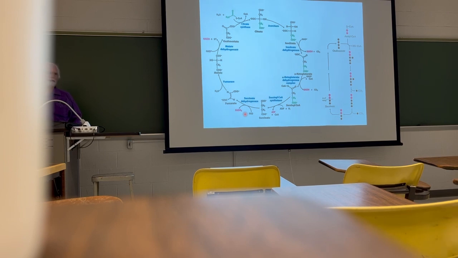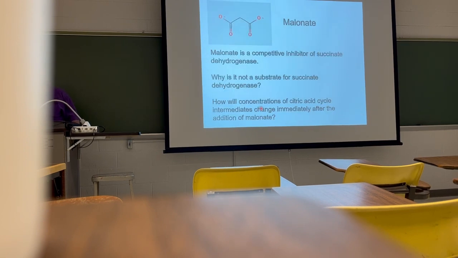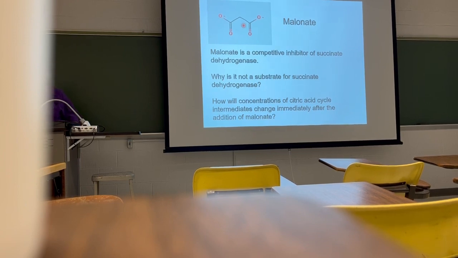There's no hydrogen left. Right, there's no hydrogens, so these two carbons in succinate are methylene groups, so CH2. And if we look at malonate, there's no such thing that can be used as an electron donor to reduce that molecule. So it fits in the active site, it binds there tightly, it competes with the substrate, but it can't carry out a reaction. So it's just stuck there as a competitive inhibitor.